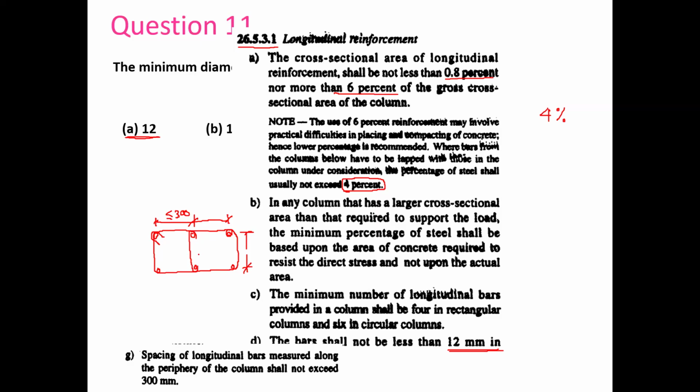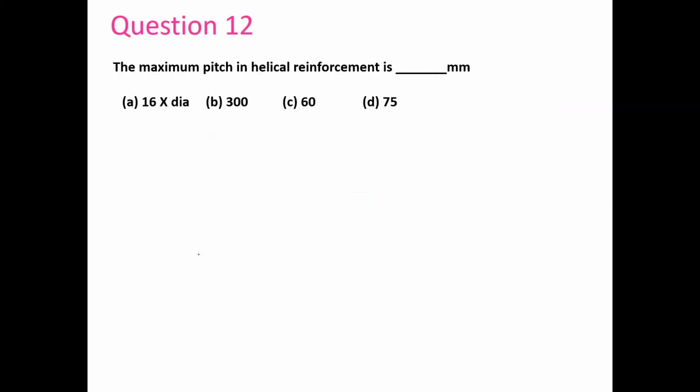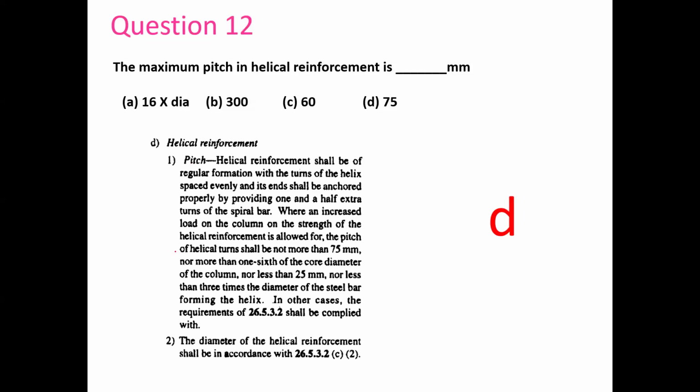That is ties, lateral ties. The maximum pitch in helical reinforcement we have is 75. Then you can see the same clause number, we have helical reinforcement on the same page, clause 20.